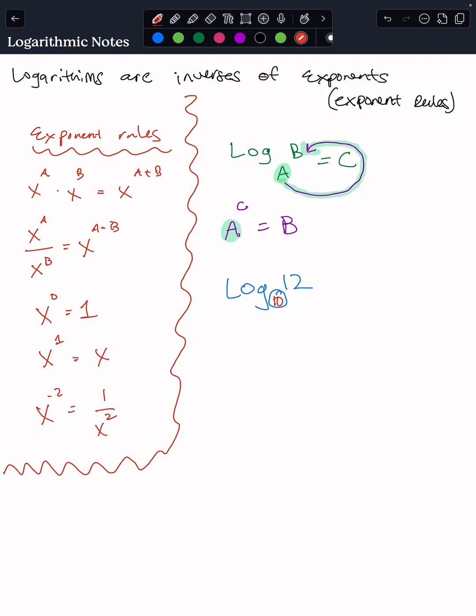So log of 12 and log base 10 of 12 mean the same exact thing. When the 10 is not written, it's already implied that it's 10. Almost like when you're doing exponents and there's no number there, it's already implied that there's a 1. The base 10 is already there when you're doing logarithms.